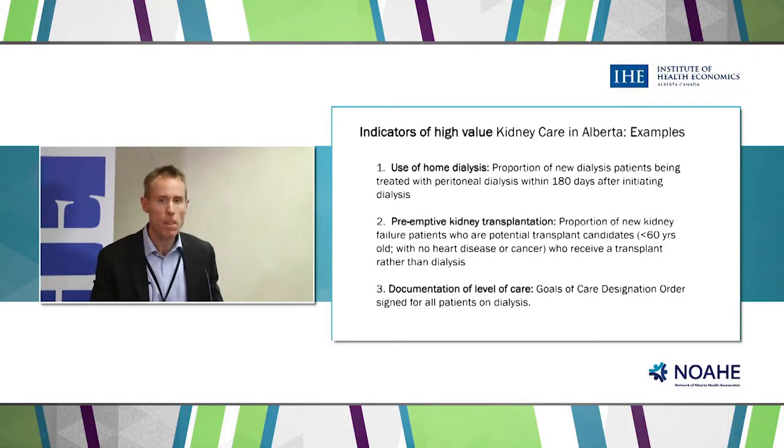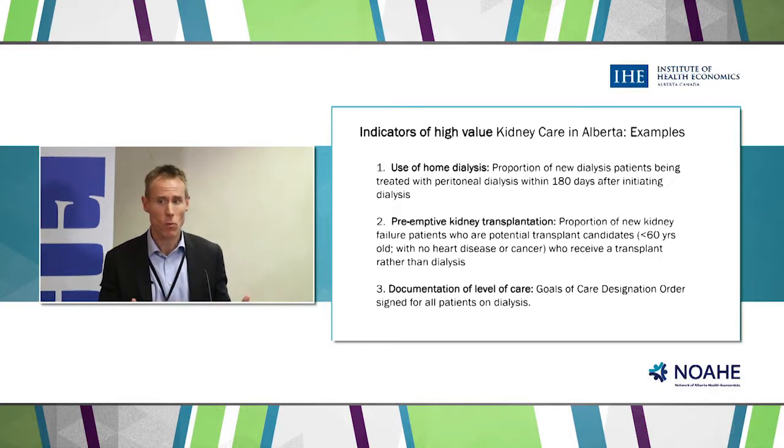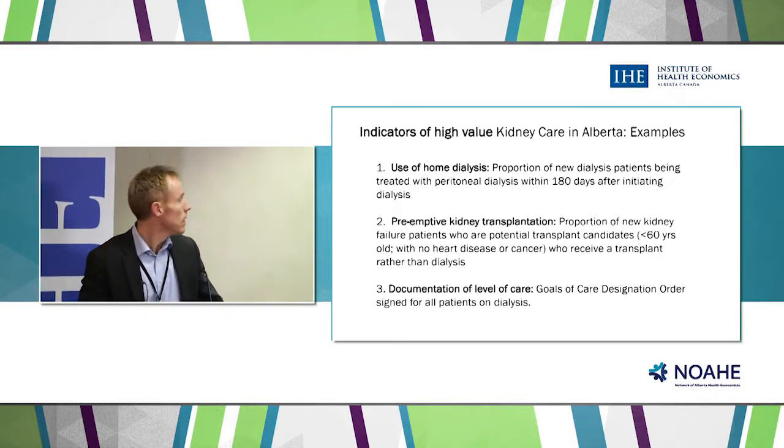So in nephrology, we've agreed on 5 different indicators of high-value care, one around increasing use of home dialysis, which we've been very unsuccessful at doing across the province until recently, when we're embedding physicians as partners more fully. But if we can get the use of home dialysis increased, which is less expensive, just as good, that will be a win for all sides.